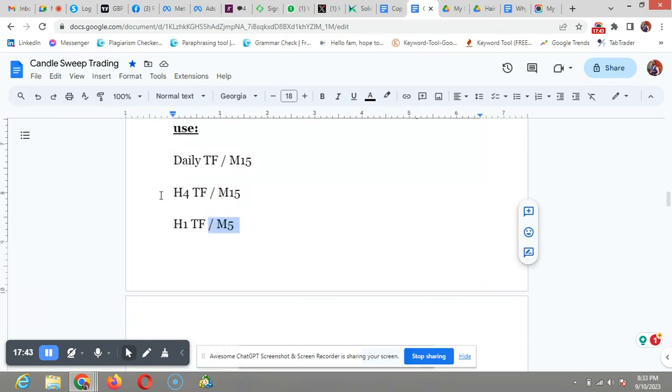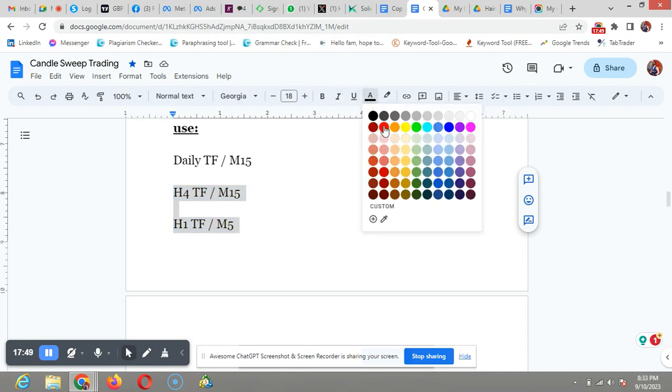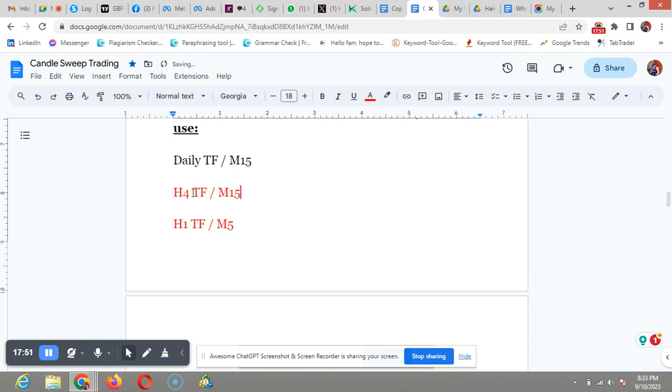But don't use these two. Please don't use this 4 hour and 1 hour. Your focus will be to use only the daily time frame for analysis and the 15 minutes time frame for execution or for entry. I hope I am clear enough on this.